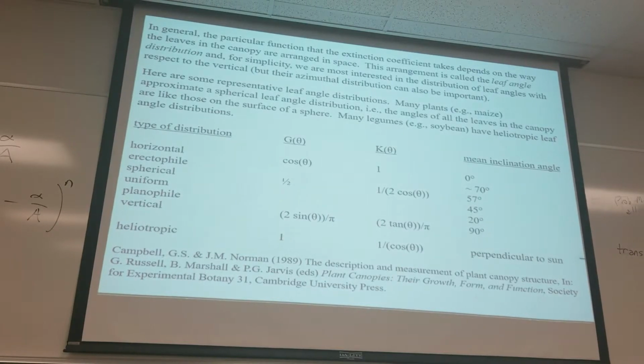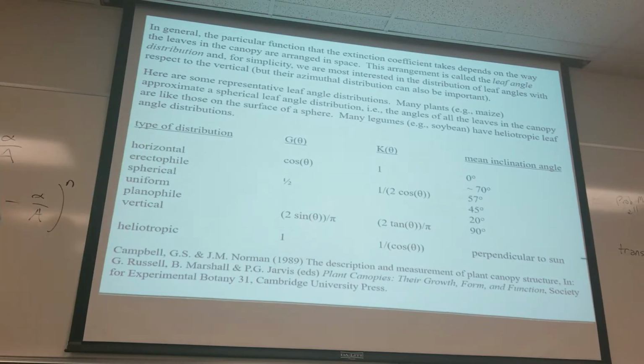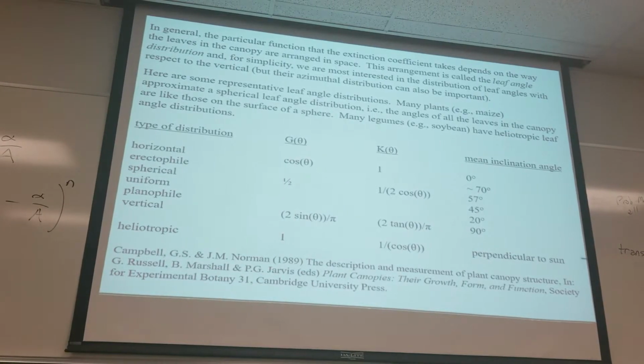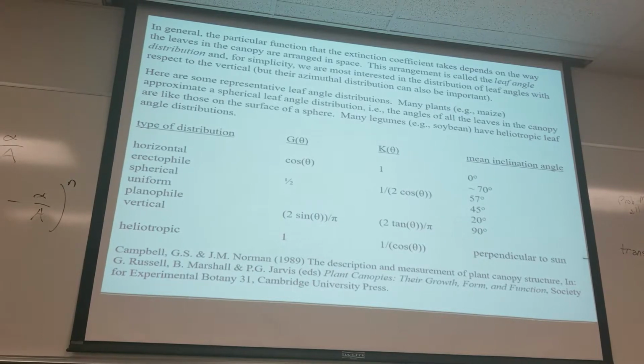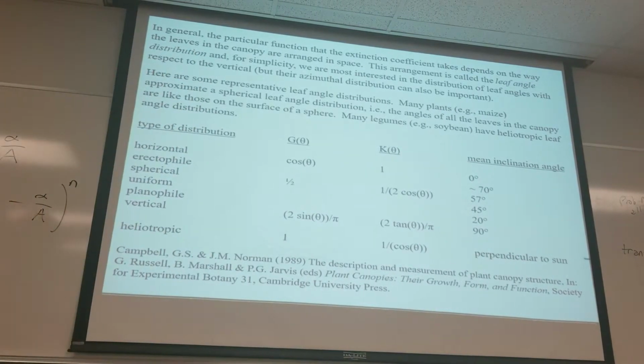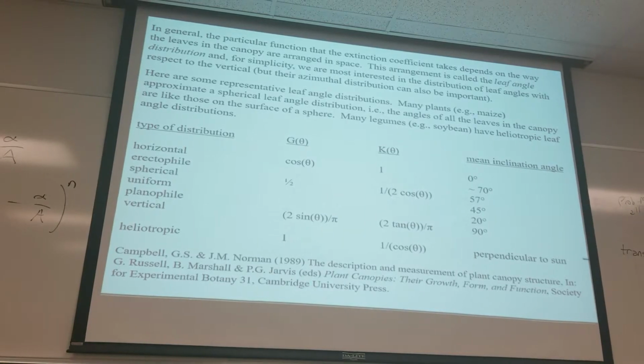And that depends on the arrangements of the leaves in space, and particularly the inclination angle, or the zenith angle of a normal to the leaf surface. All right. That's called the leaf angle distribution, that arrangement of leaves with respect to the vertical.